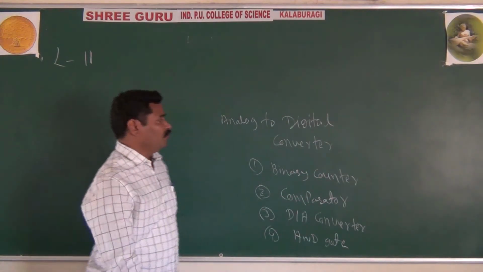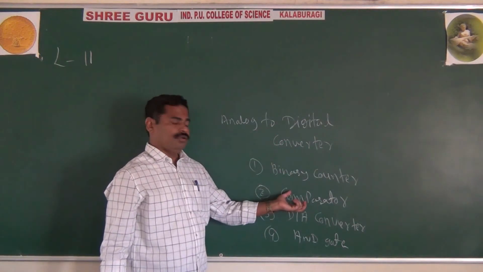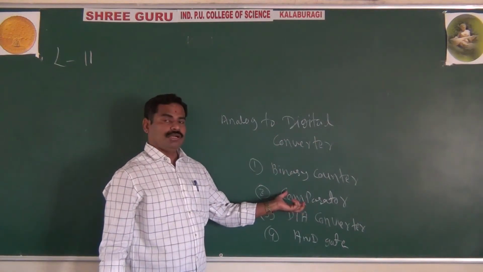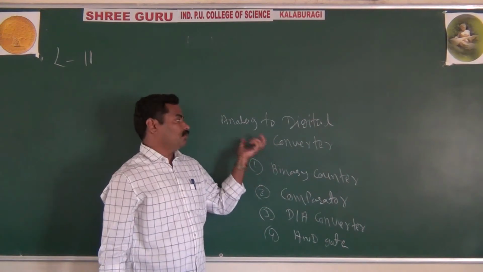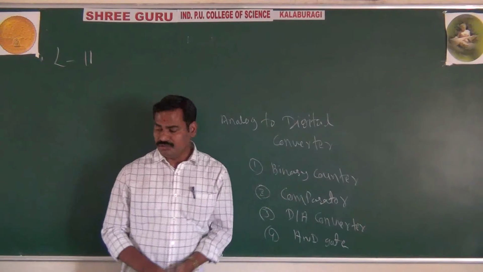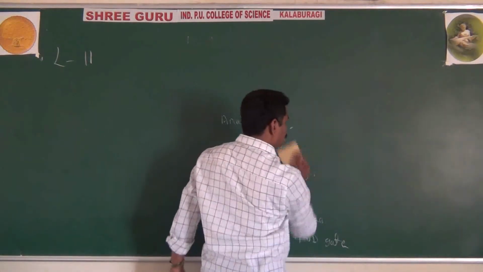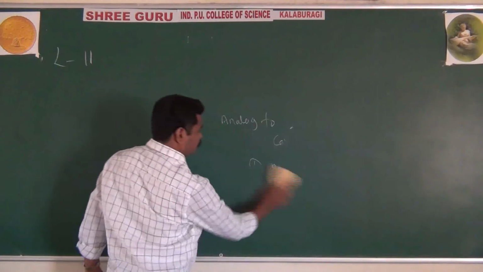Before going to the analog to digital converter, you go for the comparator. Once you understand the comparator, you can easily understand how to convert analog into digital signals. First we go for the comparator.